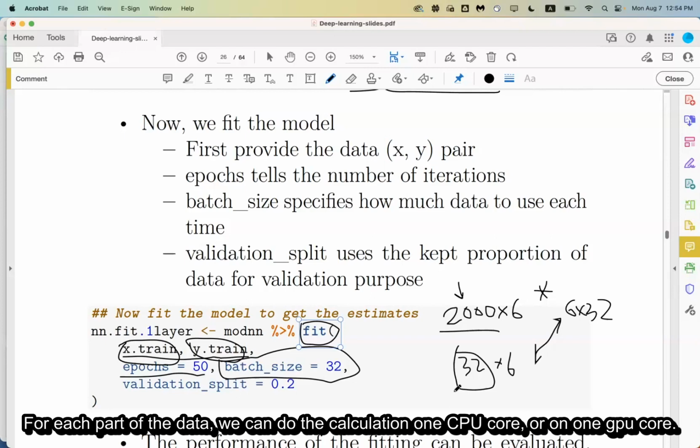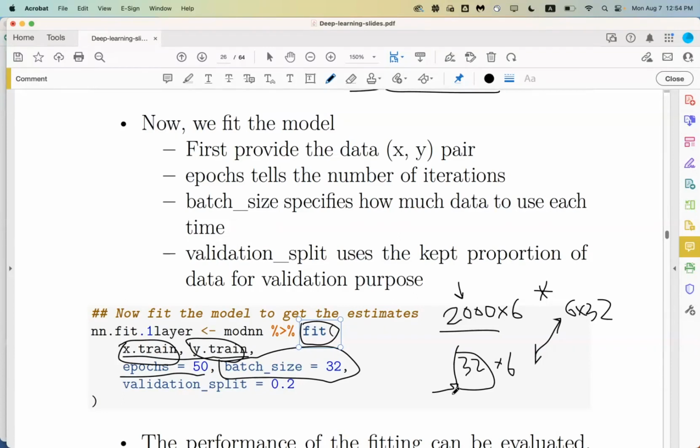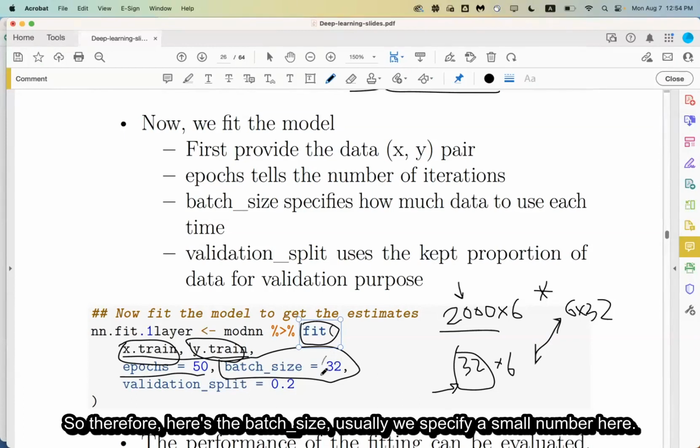For each part of the data, we can do the calculation on one CPU core or on one GPU core. If we do this calculation simultaneously, we can reduce the time to do the calculation. So therefore, here the batch size usually we specify a smaller number.